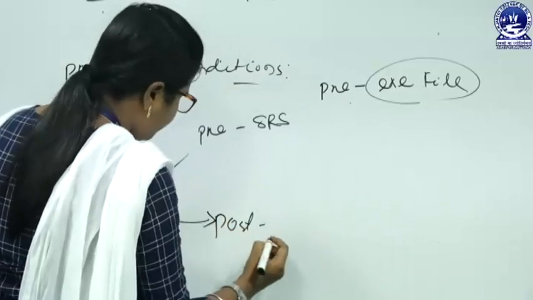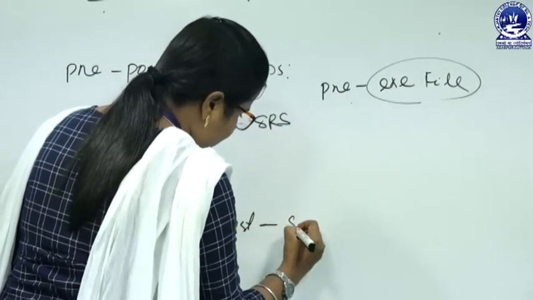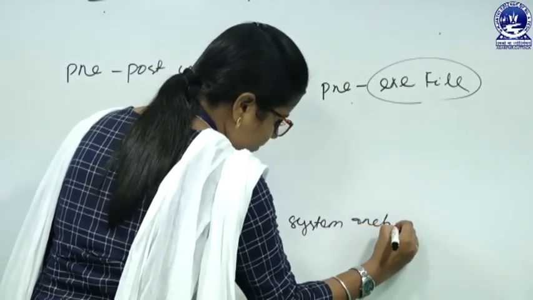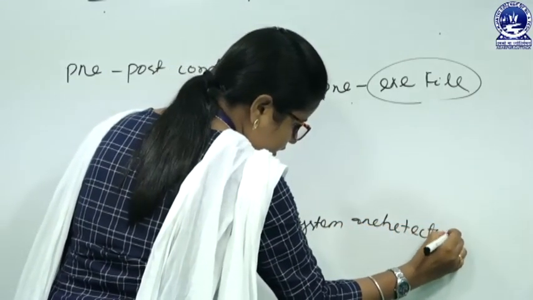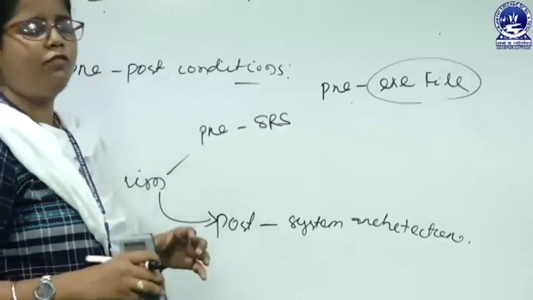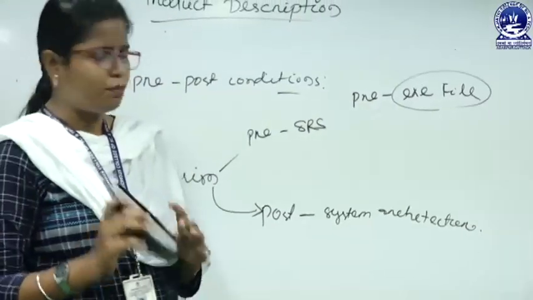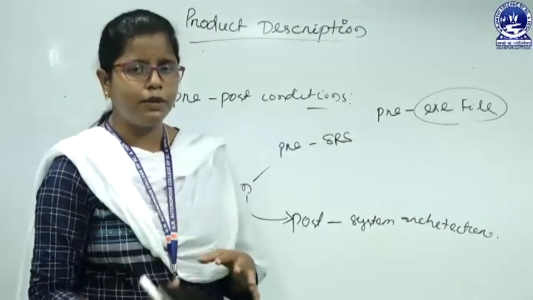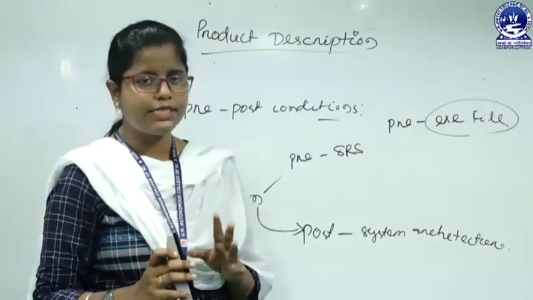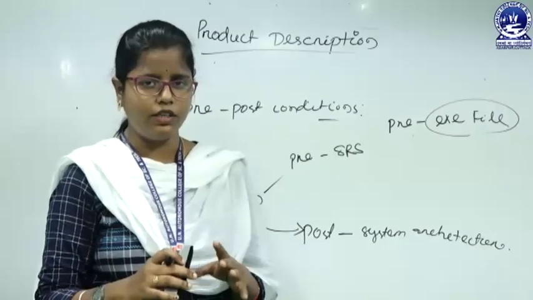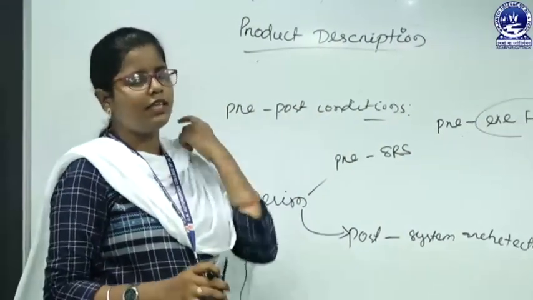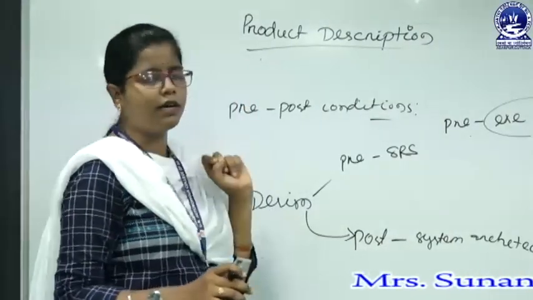The post condition of the design phase is our system architecture. That means, before going to the design phase, we must have with us the SRS document, and after the completion of the design phase, we must have our system architecture with us. Okay. So, these are the pre and post conditions that we have to describe in the product description.